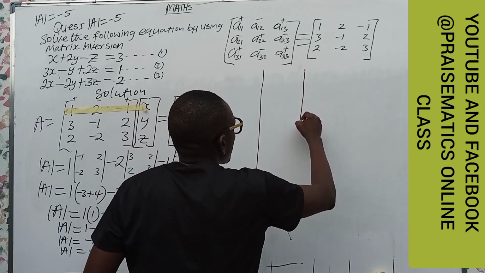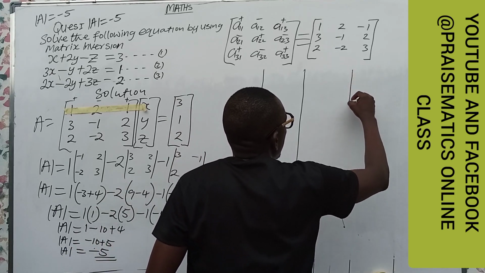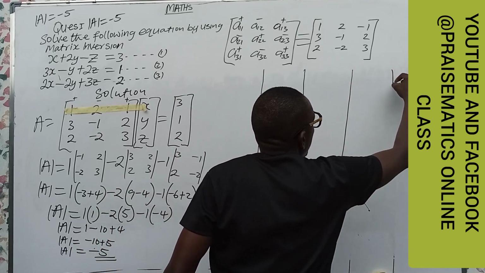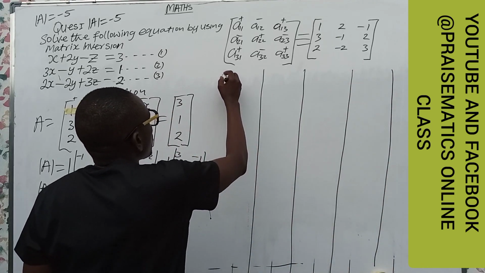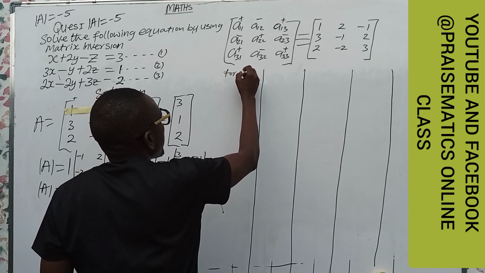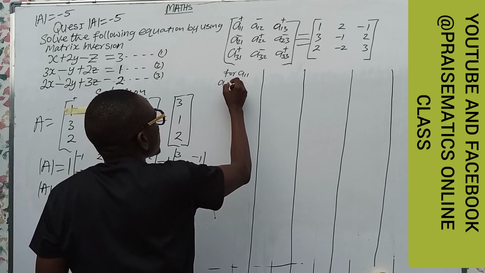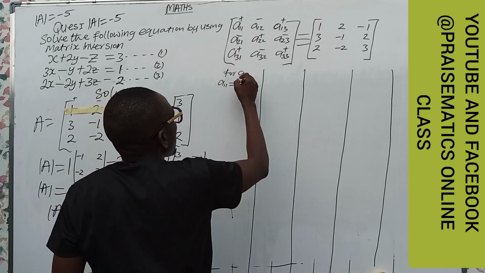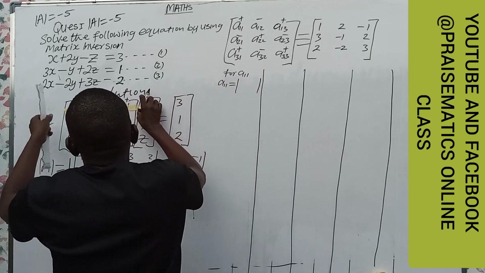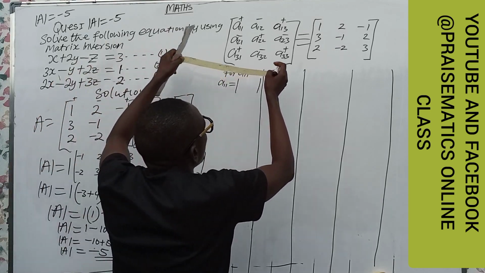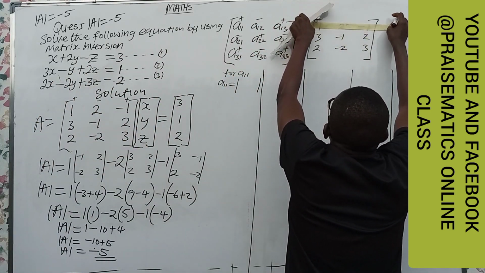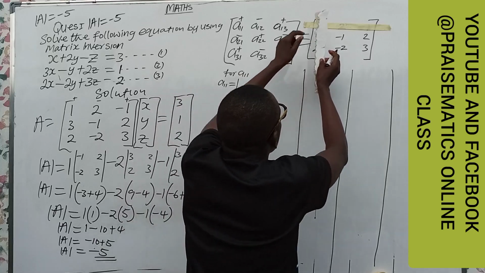Now let's look for A11. Our A11 is equal to, we reduce it to 2 by 2. Pick from the first column, close this one.